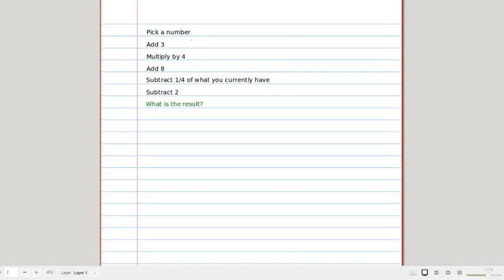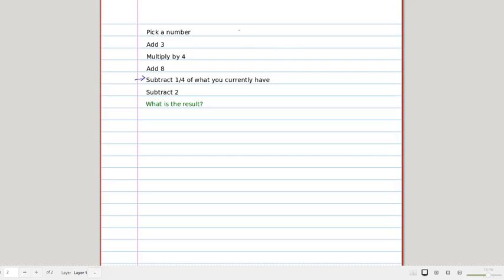A similar idea, I'm going to ask you to pick a number, add 3, multiply by 4, add 8, but then here, and this is a fairly common example, you're going to subtract a quarter of what you currently have. And then finally subtract 2, and I'd ask, what's the result?